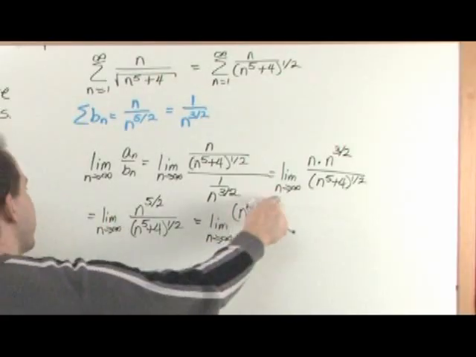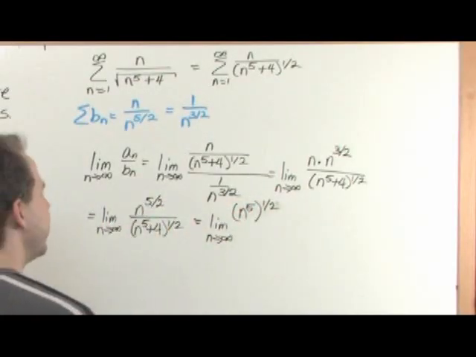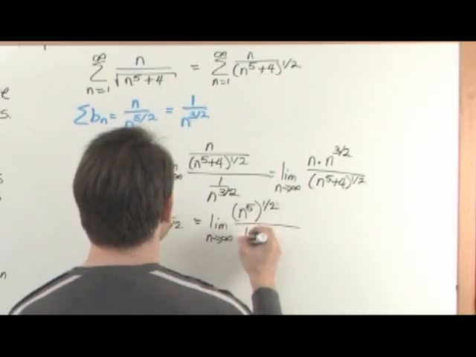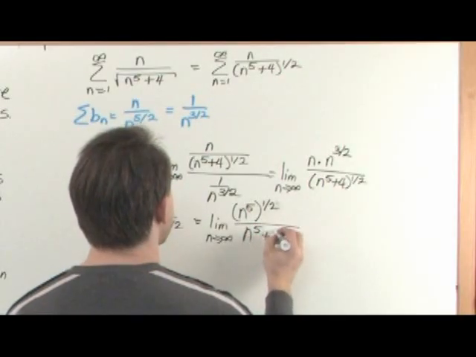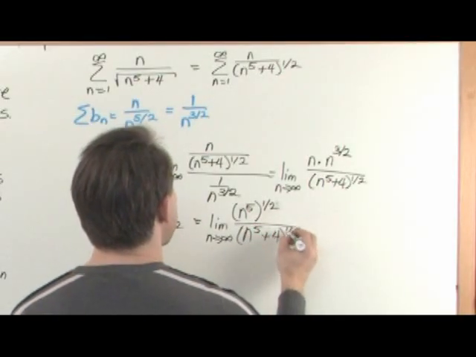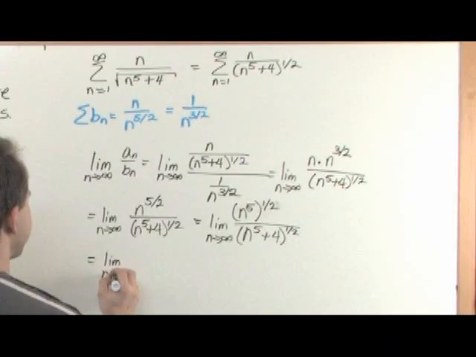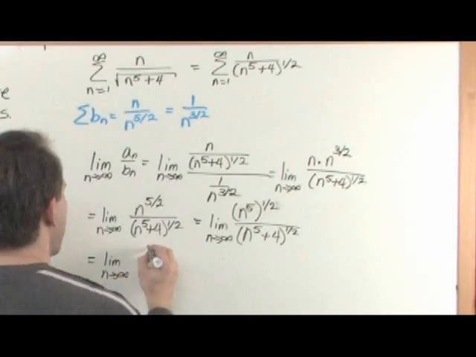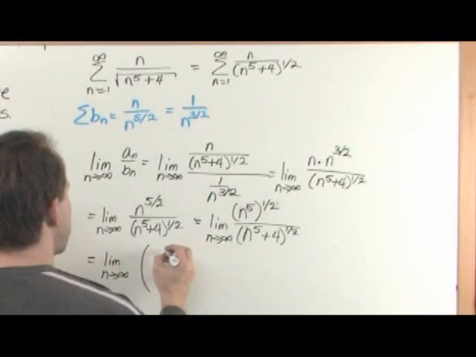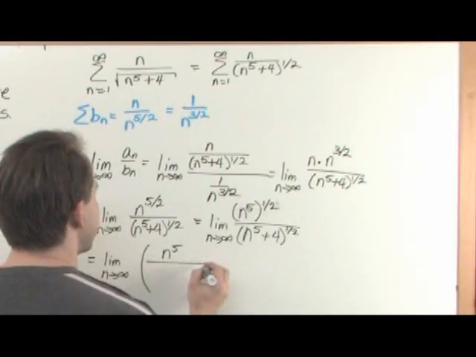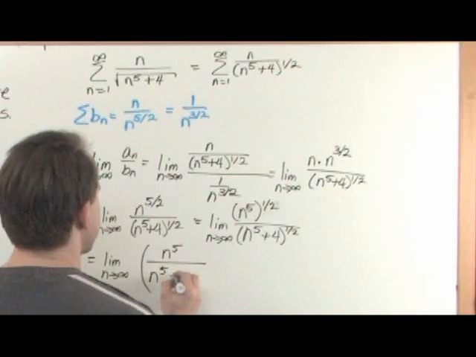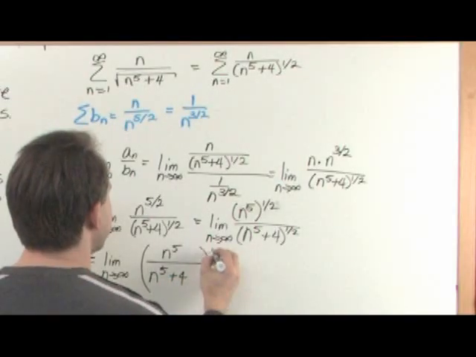And notice when I multiply these together, I get exactly back what I should have. And on the bottom, I'm going to have n to the 5th plus 4 to the 1 half. I think you might see where I'm going with this. The reason I'm doing this is because I want to bring all of this under the common radical, n to the 5th plus 4, all raised to the 1 half.